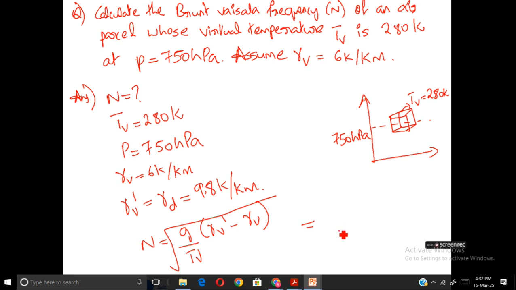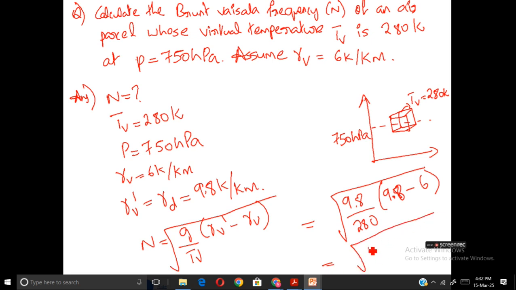So if we substitute, it will be root of 9.8 by Tv, which has a value of 280 Kelvin. So gamma v dash is 9.8 minus gamma v is 6, so root of 9.8 by 280 into 9.8 minus 6 is 3.8. Divided by 1000 will be there because it is in kilometer.